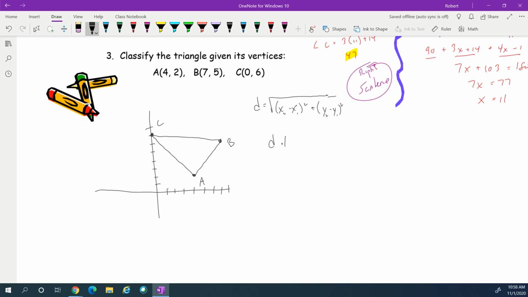We need the distance of AB. We need the distance of AC. And then we need the distance of BC. So again, label your points. If I'm going to use A and B, I'm going to call that x1 and y1 and x2, y2. Make sure that you're plugging in carefully.